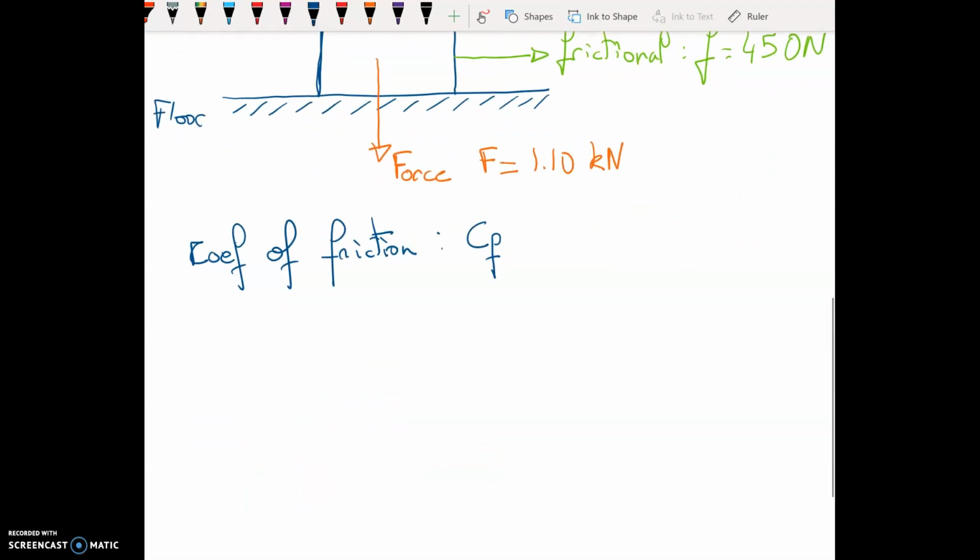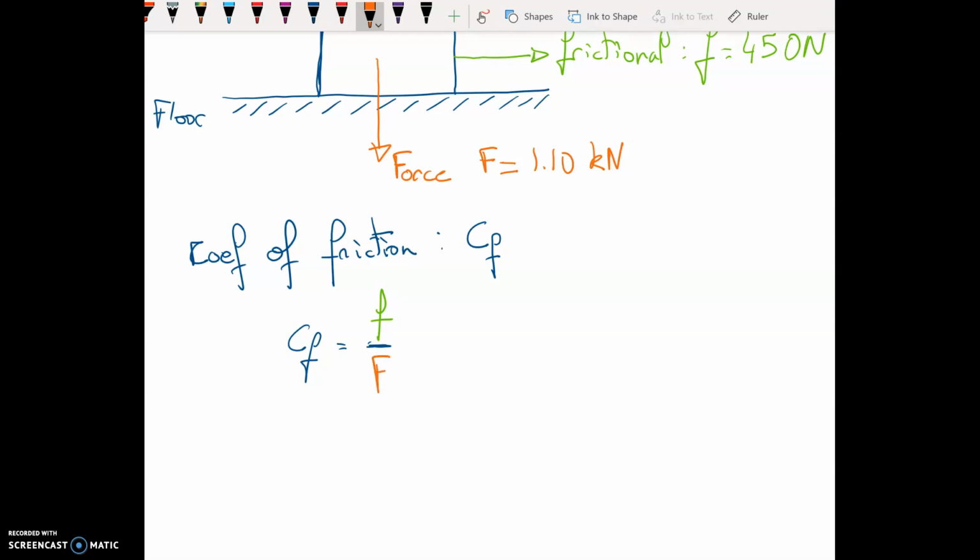They are telling you that the coefficient of friction is the ratio of the frictional force between the two surfaces to the perpendicular force. So the coefficient of friction is equal to f divided by the perpendicular force F.